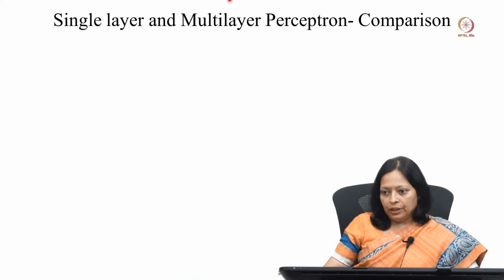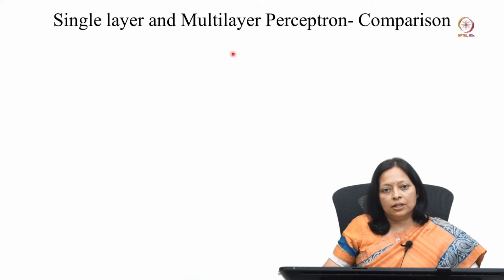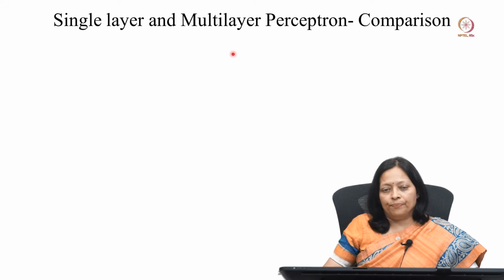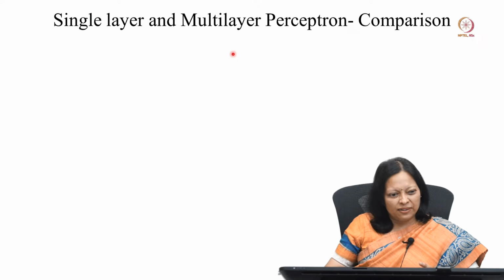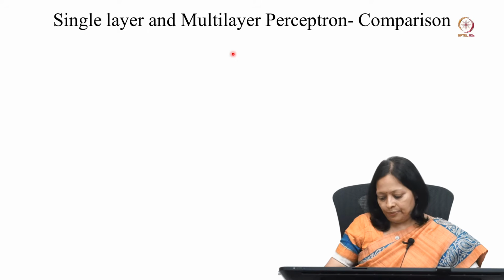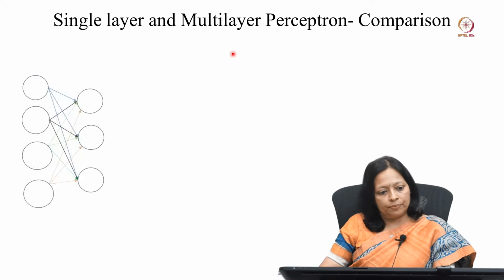Now, in your last session, you all have learnt about single layer perceptron, and today we are going to learn about multi-layer perceptron. The first very basic multi-layer perceptron you have seen in my previous slide. Now we will have a comparison between a single layer perceptron and a multi-layer perceptron.